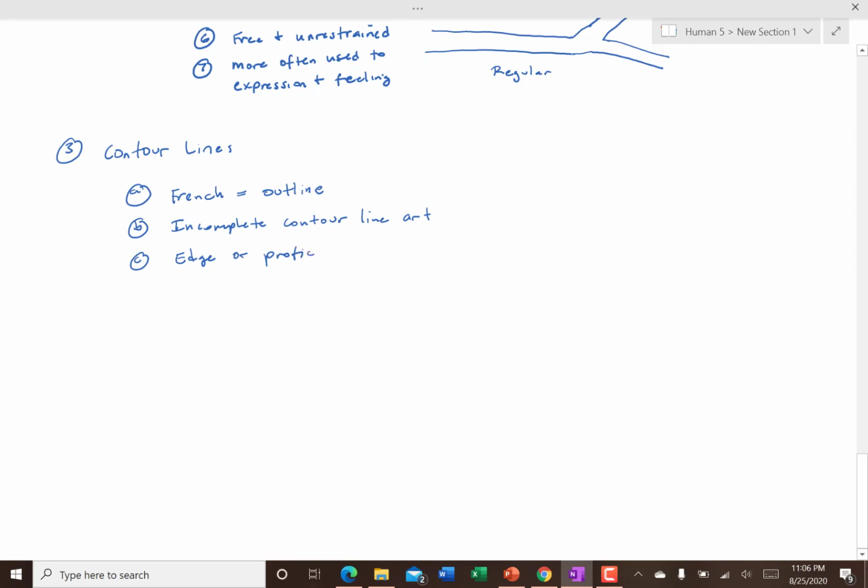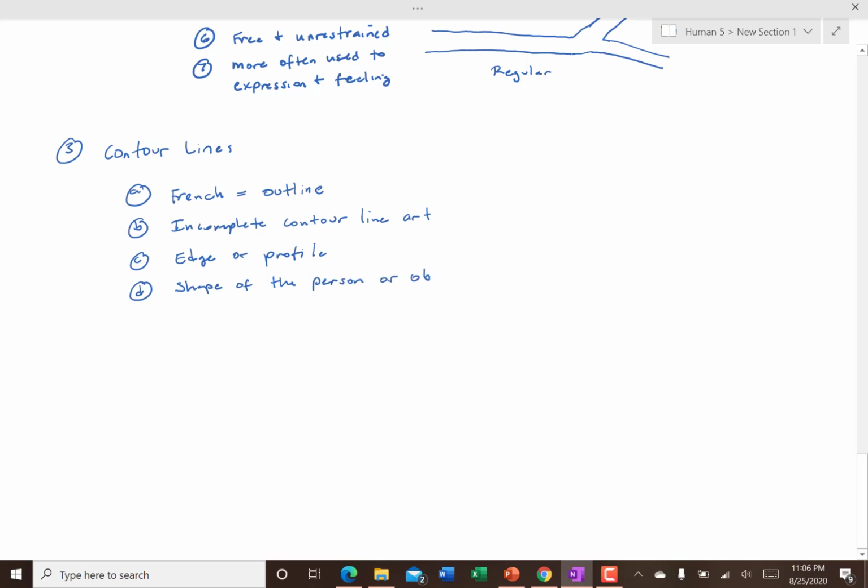Your focus of the lines, what you're focusing on in contour lines in art, is the shape of the person or object.